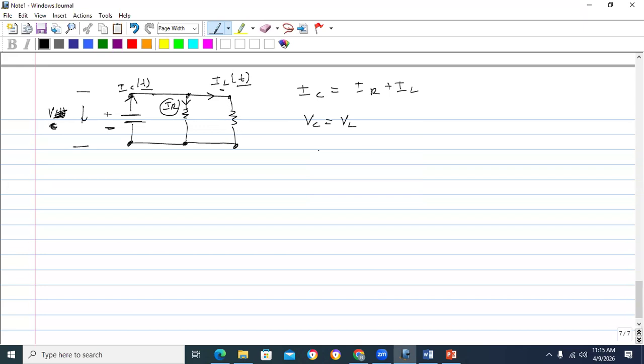Inductor is charging that. Now the inductor voltage is VL, and this one also VC. This is VC. This whole voltage is VC. Okay. Now you can write the equation.